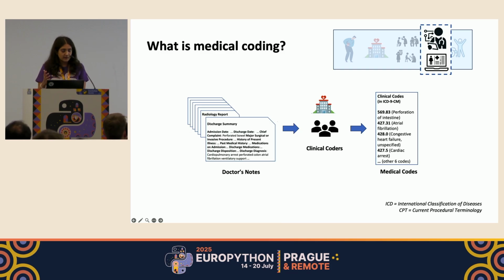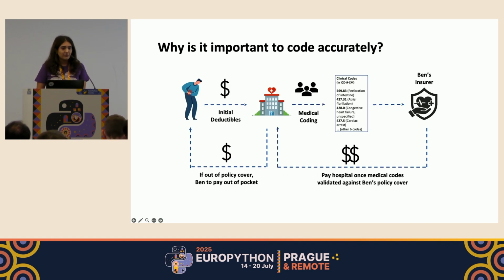So you might hear me talk about ICD and CPT during the presentation. It just means sets of codes that are used for assigning codes to different conditions and procedures. So this is essentially the process of coding the patient's charts, which more or less is being done manually today.